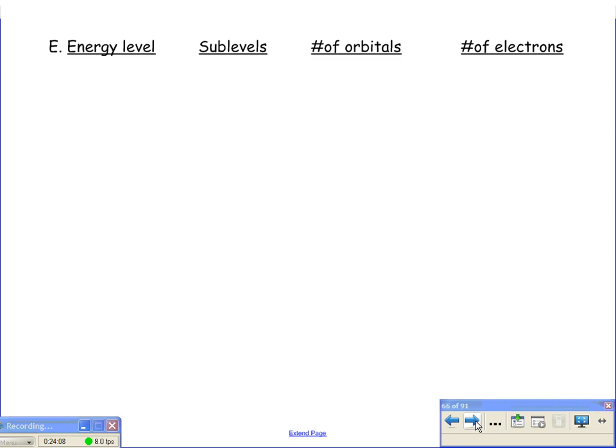So if we fill out this table, the first energy level has an S sublevel, and there's 1 orbital in it, and it can hold 2 electrons because 1 orbital can always hold 2 electrons.